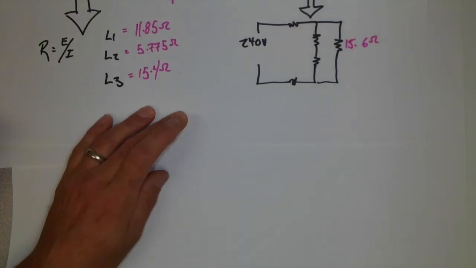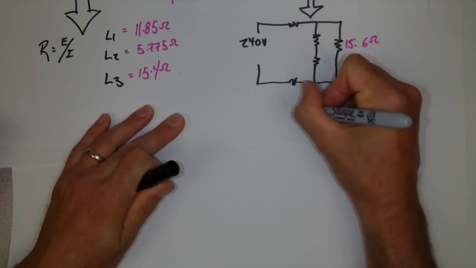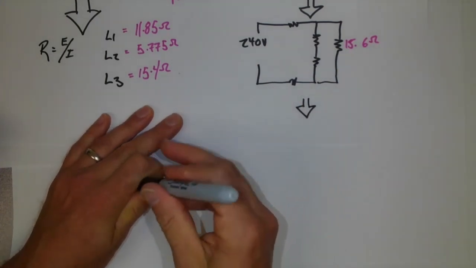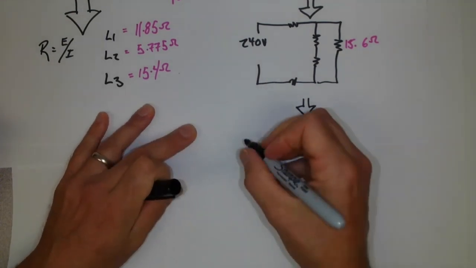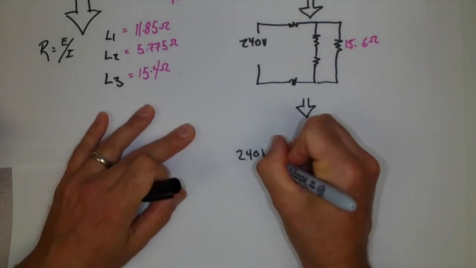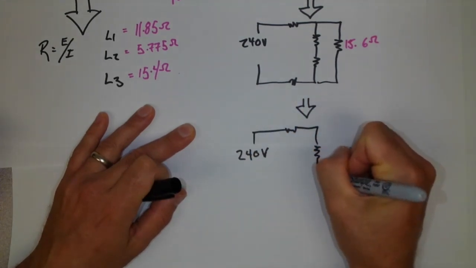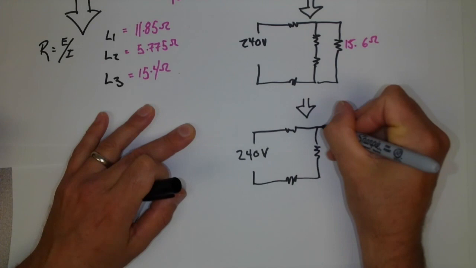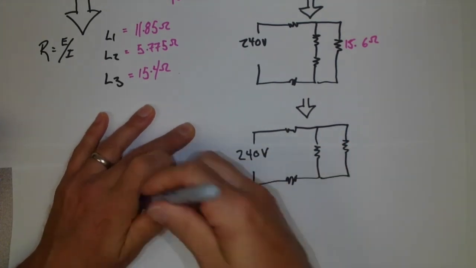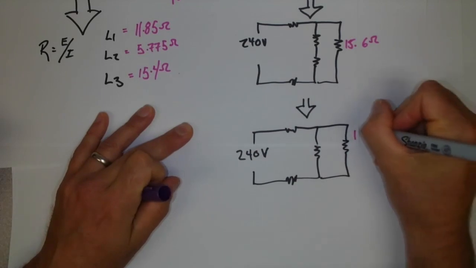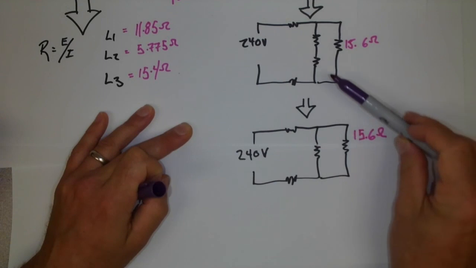So now what we're going to do is combine these two here. And when I do that, we're left with a circuit that looks like this. So there's my 240 volts. And I have 15.6 ohms here. Looks good.